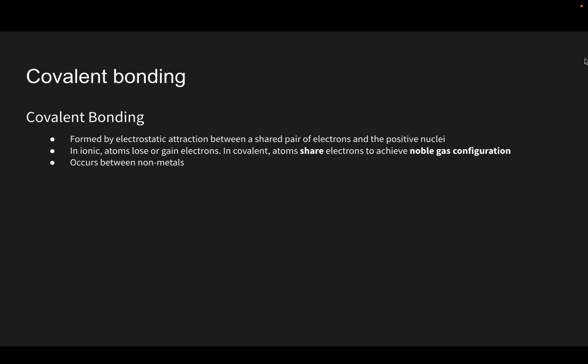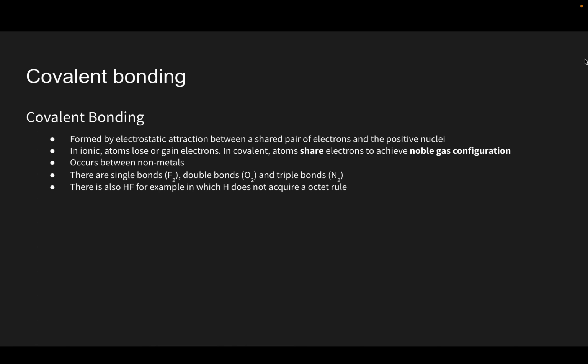It occurs between non-metals. There are single bonds, like with fluorine, double bonds with oxygen, and triple bonds with nitrogen. There is also hydrogen fluoride, for example, in which hydrogen does not acquire an octet.